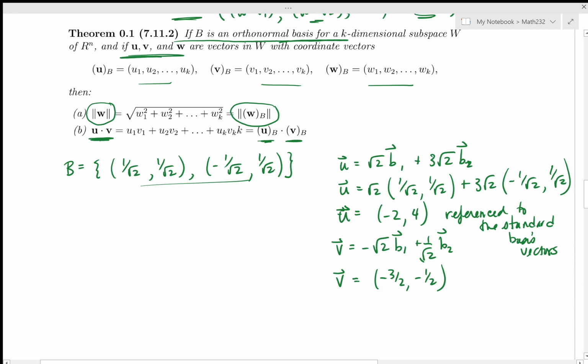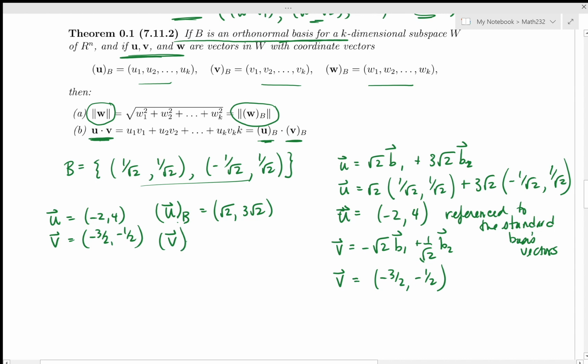Let me restate what I've got. I've got U equal to minus 2, 4, and V equal to minus 3 halves, minus 1 half. I've got U referenced to B as root 2, 3 root 2, and V referenced to B as minus root 2, 1 over root 2.